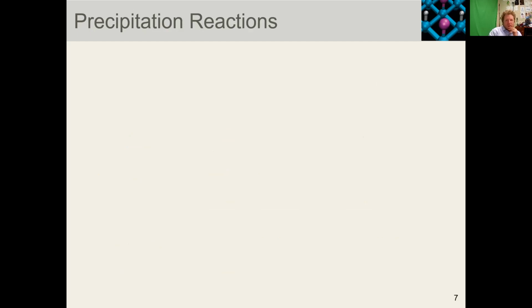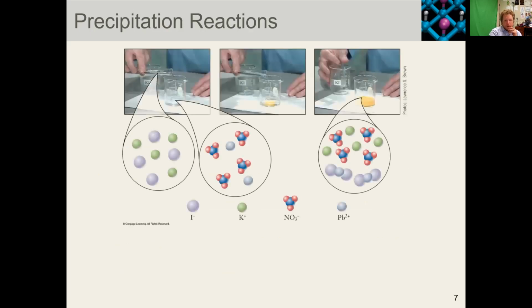And that's generally going to be involved in a type of reaction known as a precipitation reaction. So precipitation reactions, we talked about these a little bit. These are compounds that have soluble substances.